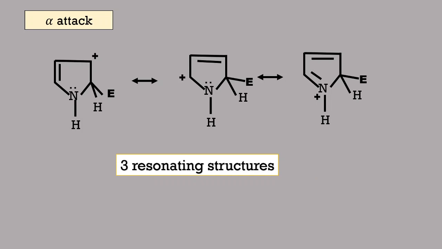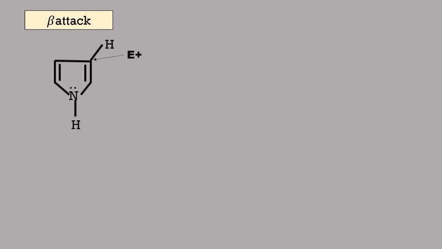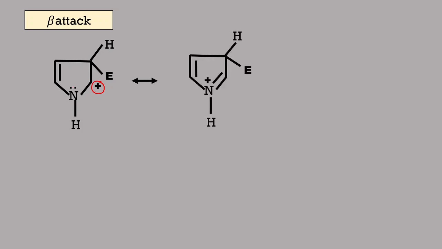with the alpha attack. Now let's think about the beta attack. What happens with the beta attack? When the attack is at beta, then you will see that there is a positive charge developing here, and then you can draw another resonating structure by conjugating. If you put this lone pair here, again you get N positive with 4 bonds, which is possible.